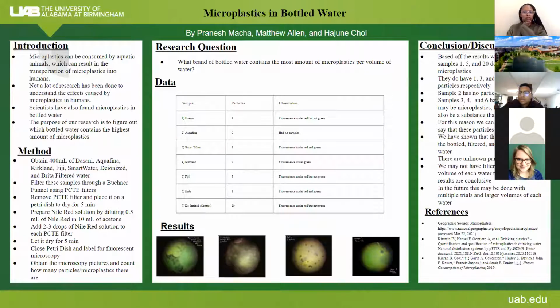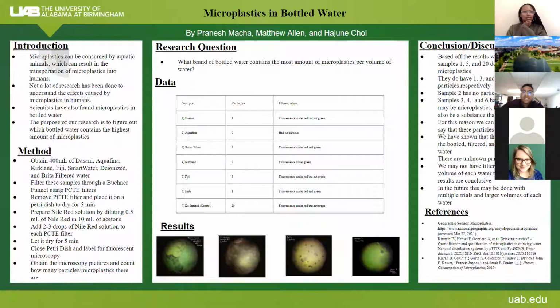And I think I had one last question. This is just a final thing that I'm trying to understand. Do your results mean that these water sources are good, bad, healthy? Since we couldn't really determine what kind of particles were in the water, I don't know.